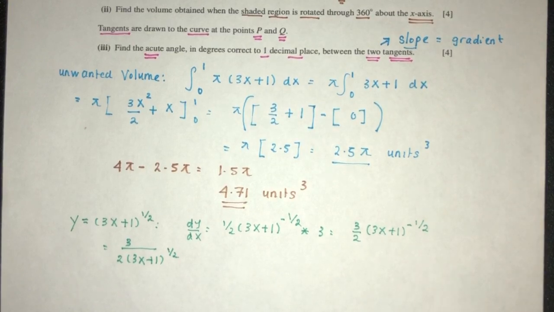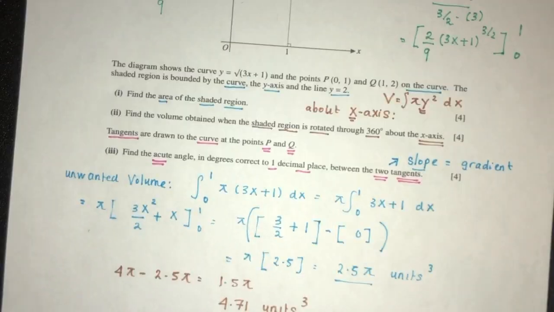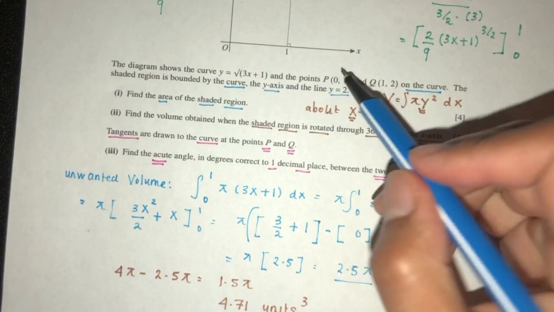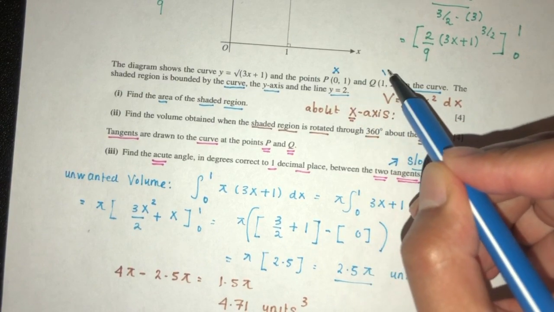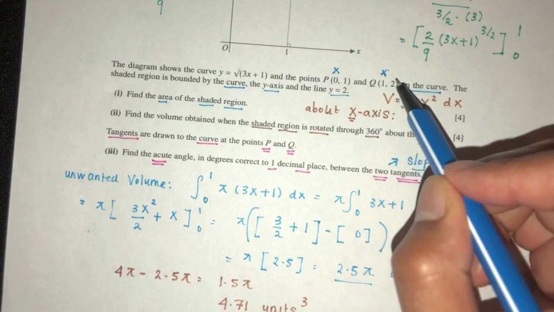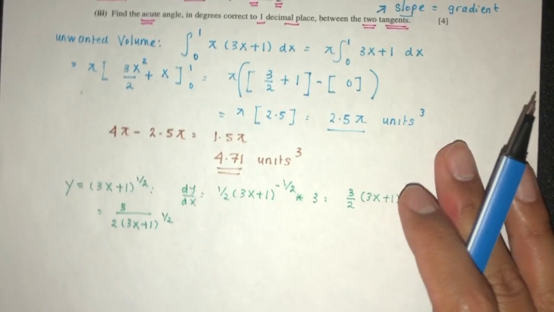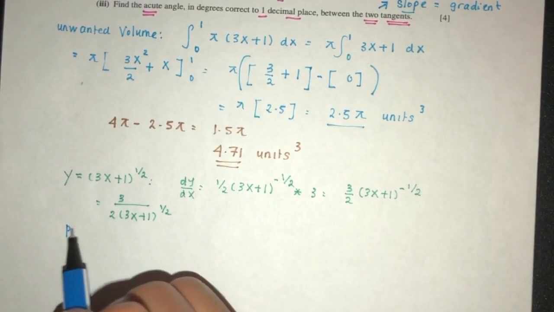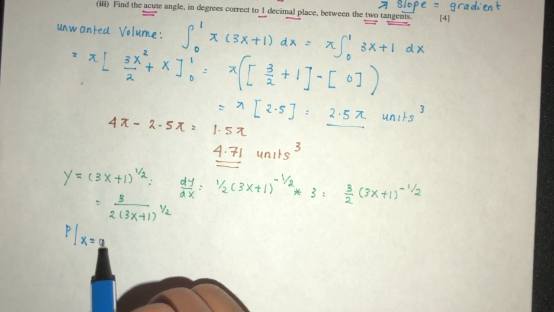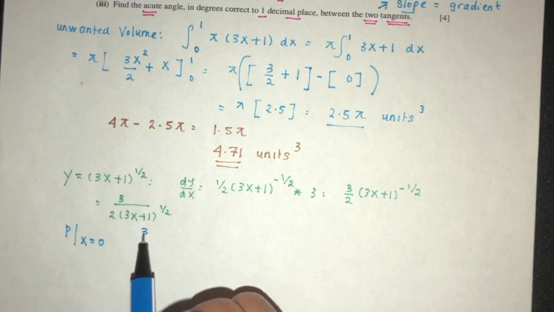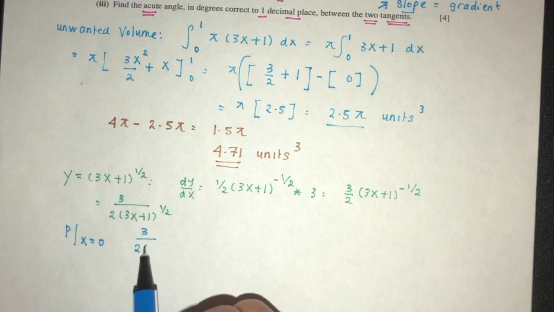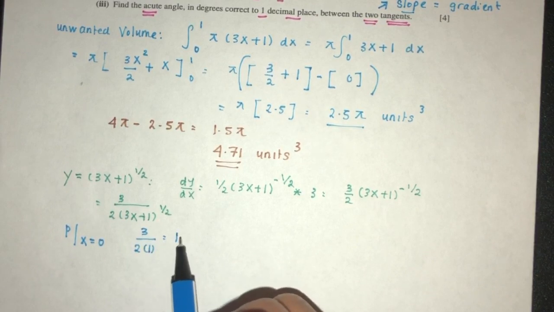Now, we want to find the slope of the tangent at the points P and Q. Now, this is the x value and the y value, and the x value here as well. Now, we have to find the slope. We have to use the x value. So, at the point P, we know the x value is given to you as 0. Replace back in here, you will have 3 over 2 times 1. That will be 1.5.